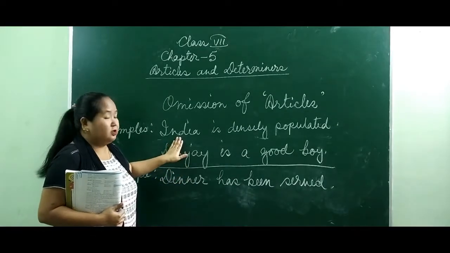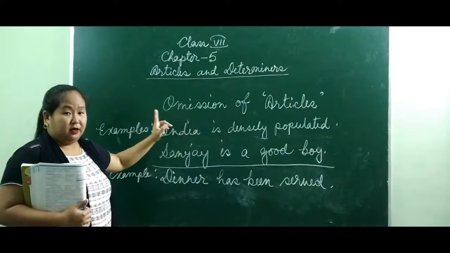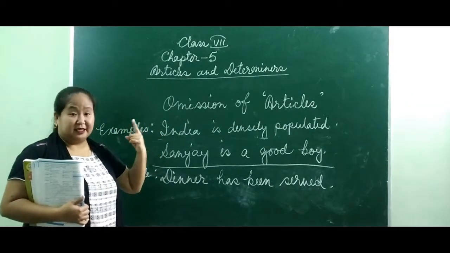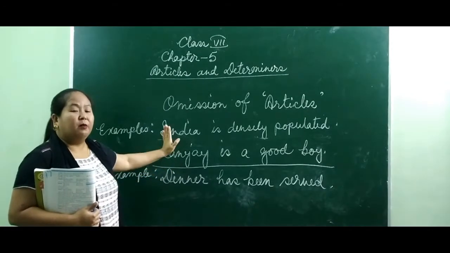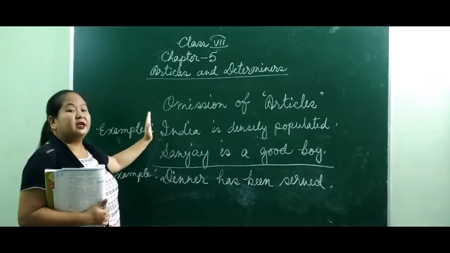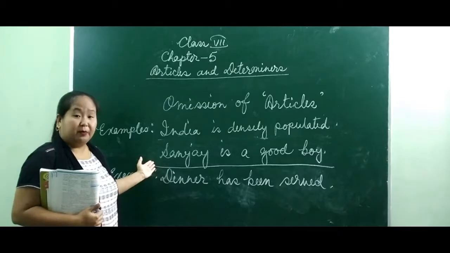Here, India is also a proper noun. It is unique, there is only one India, right? Sanjay, there is only one person Sanjay in this whole universe. So India and Sanjay are proper nouns, but we don't use any article before the name of a country, city, place, or person.